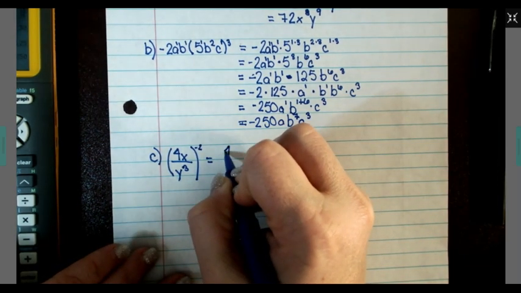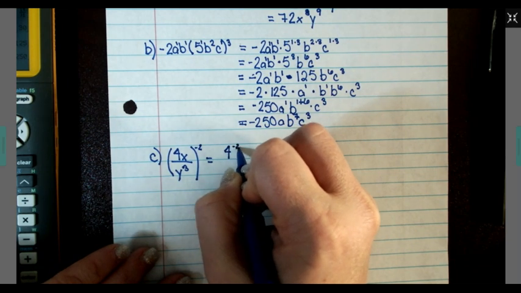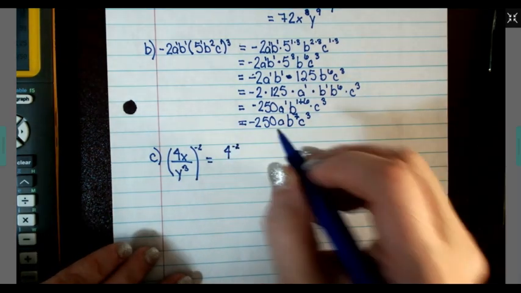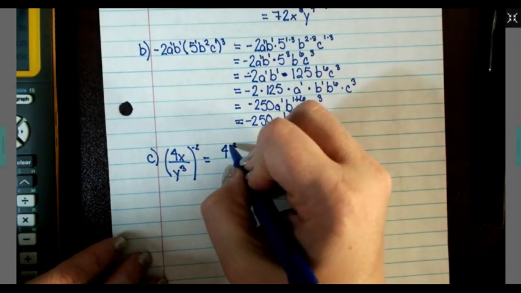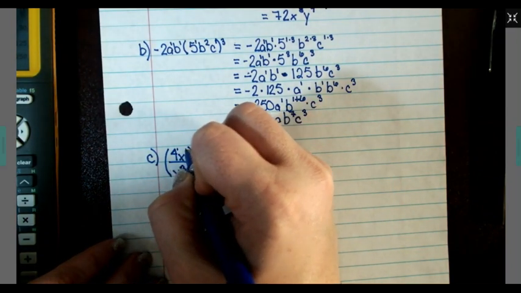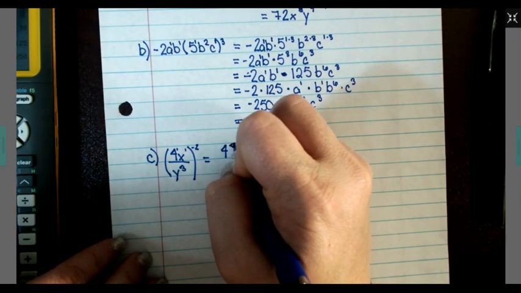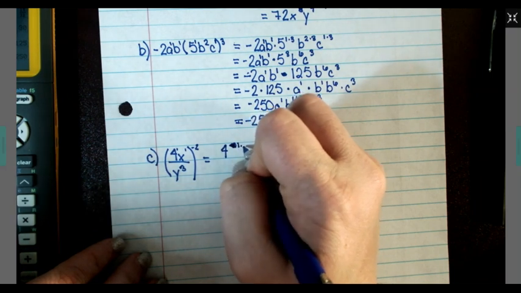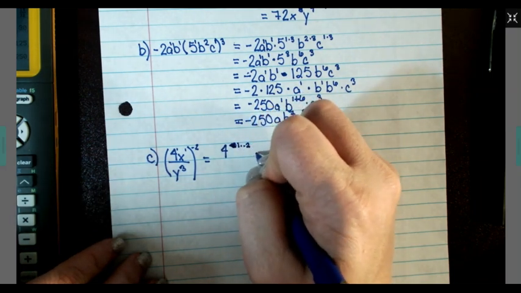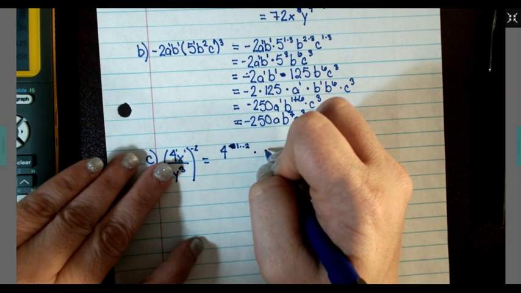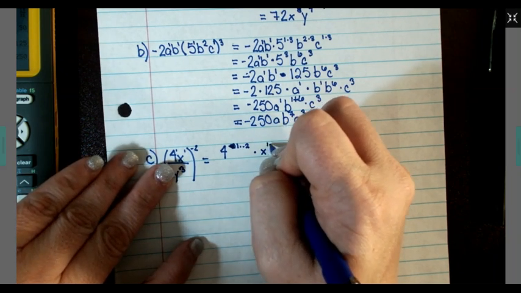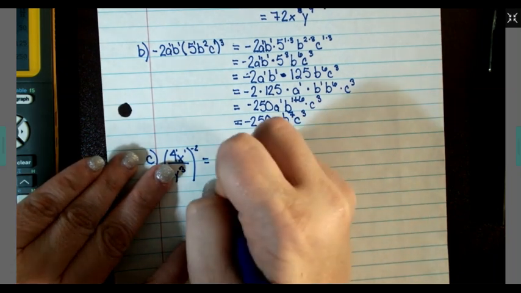So we're going to have 4 to the negative 2. Oops. Because I should have put 1 times negative 2. I forgot to put my little ones. Look at me. Slipping, I'm sorry. 1 times negative 2. Then we've got x 1 times negative 2.